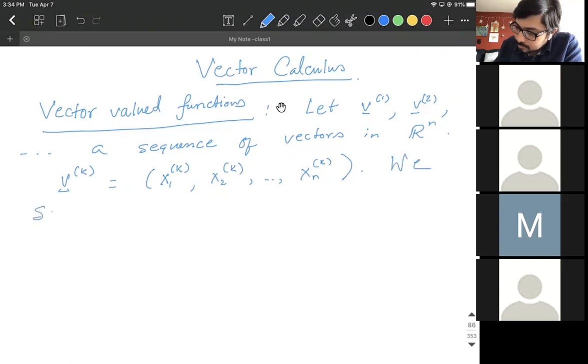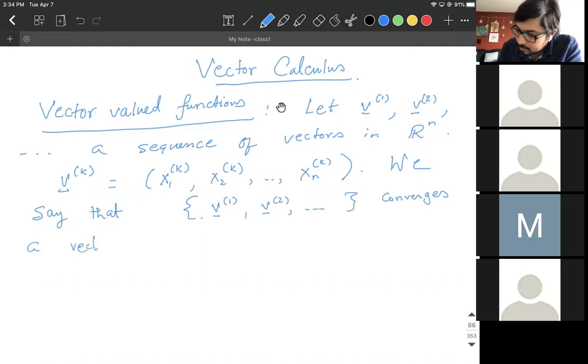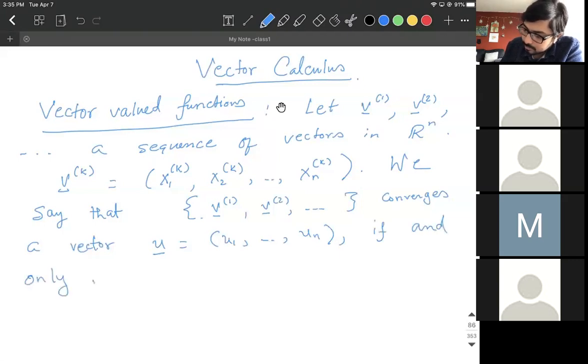We say that this sequence Vk converges to a vector u, which is another vector in R^n, if and only if each xik converges to ui.